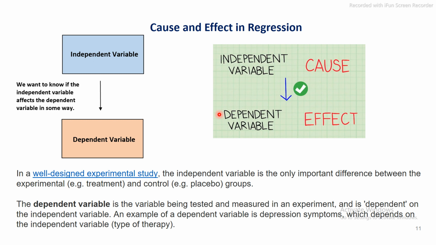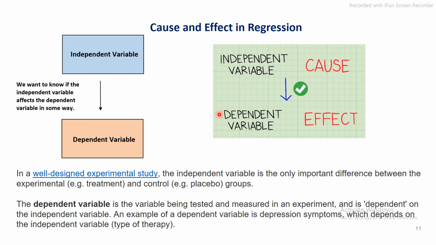The dependent variable is the variable being tested and measured in an experiment, and it depends on the independent variable. An example of a dependent variable is, let's say, depression symptoms, which depend on the independent variable, the type of therapy. For example, if you have a certain kind of depression, then you go through a certain, let's say, XYZ kind of therapy, a specific therapy.